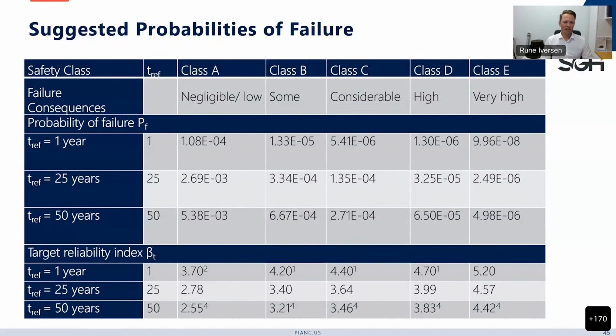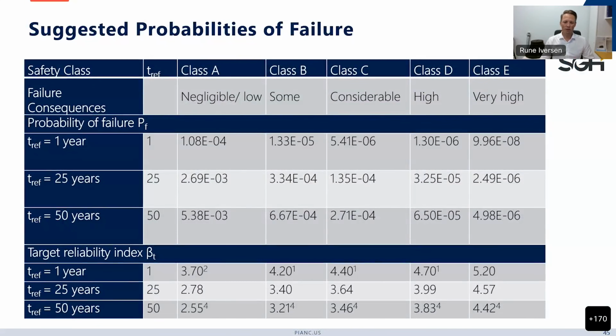So based on these classes and based on various probabilities of failure that are published both in Eurocode and in ASCE 7, we developed these specific suggested probabilities of failure, which might not tell you much at the face of it right now.